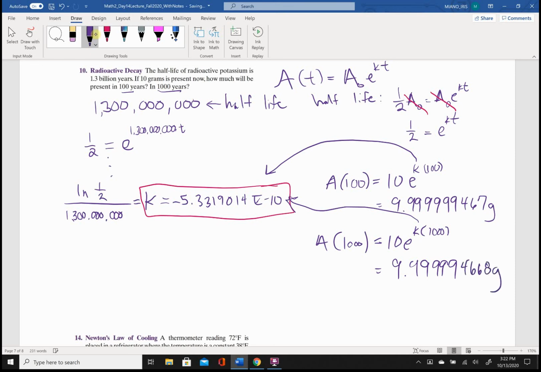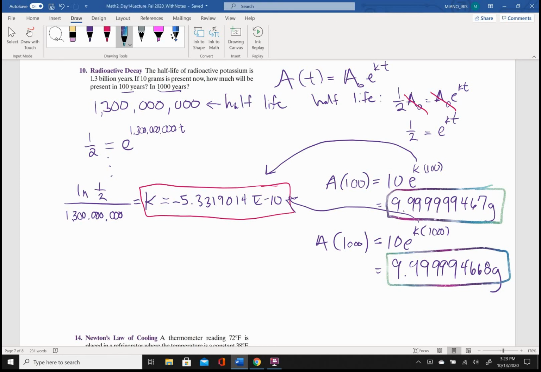So even after 1,000 years, the thing we're supposed to glean from this is that it takes a really long time for radioactive potassium to decay. After only 100 years or 1,000 years, an infinitesimally small amount is released because this particular material has such a long half-life. Hopefully that makes sense. We feel good about it.